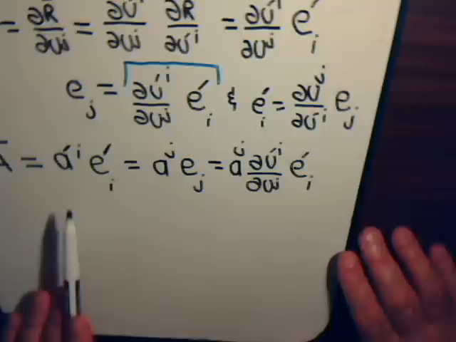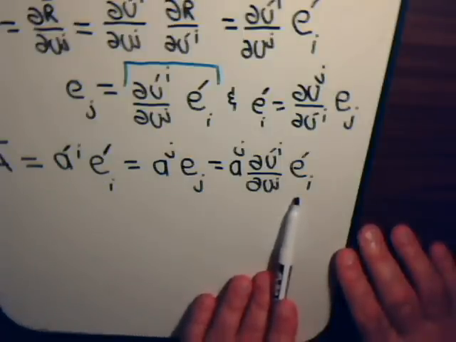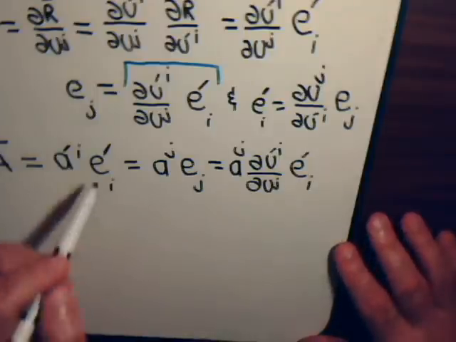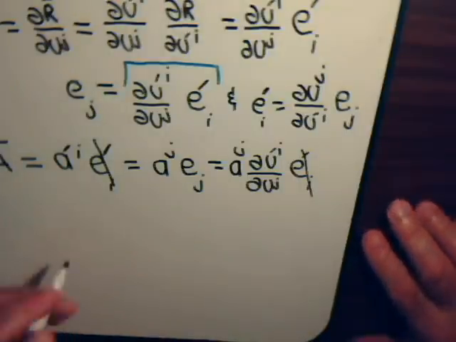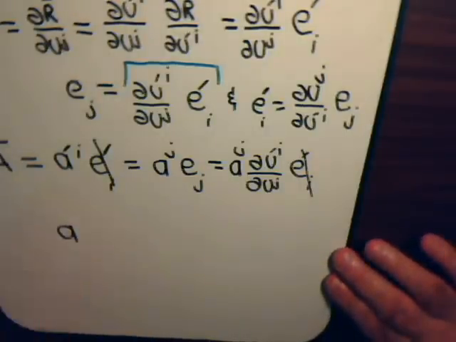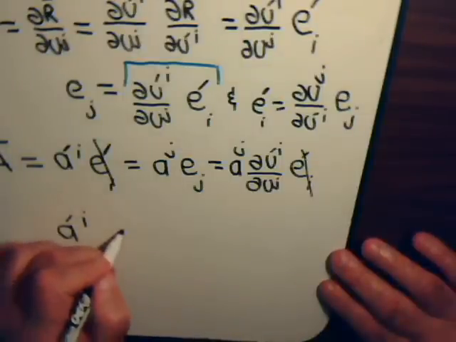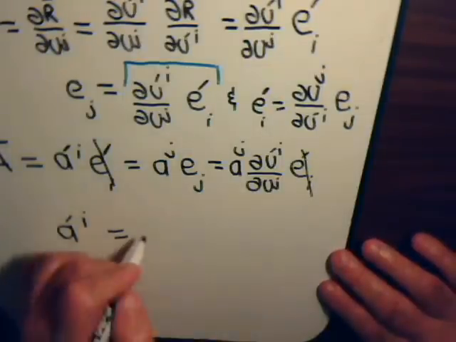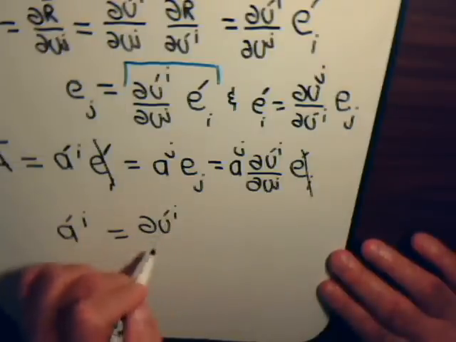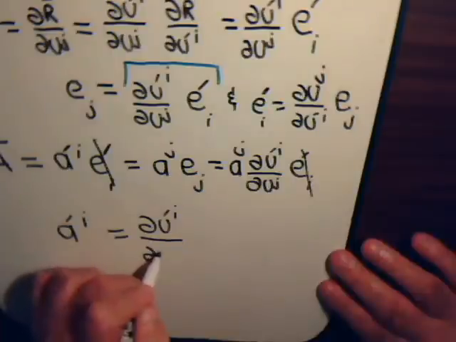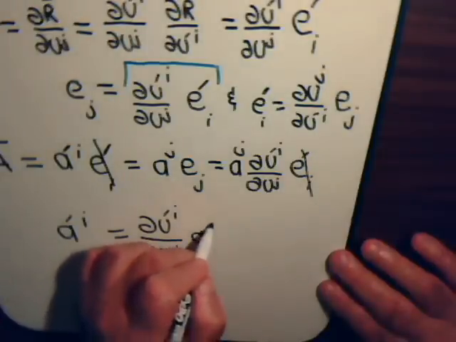Okay, so here we have this equals this. So if we look at that, this and this cancel, and what we have is A' i equals this, the partial of u' i with respect to u_j times A_j.